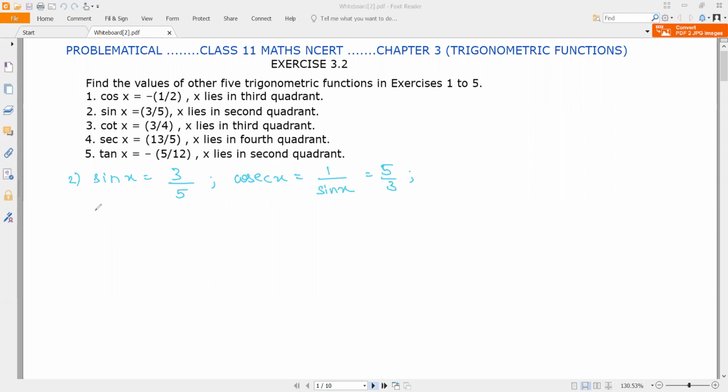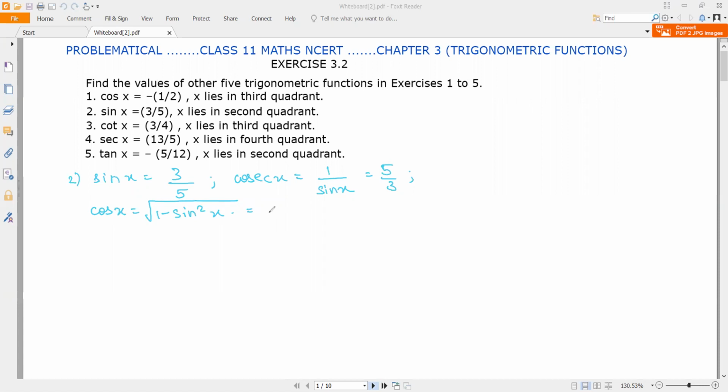Next, cos square x. Cos square x is equal to 1 minus sin square x. So cos x is equal to root of 1 minus sin square x.